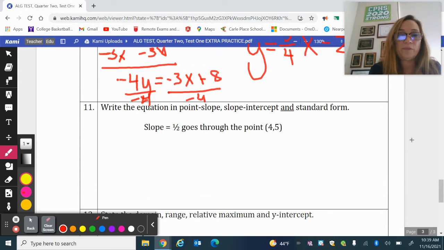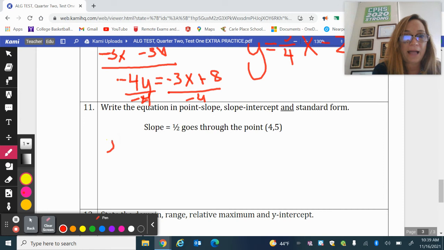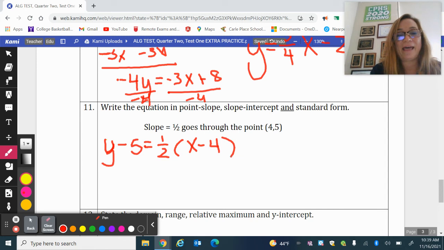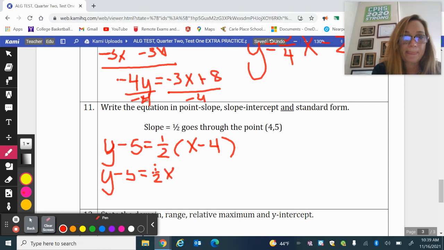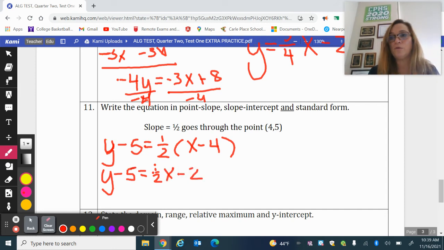Okay, so I'm going to start with point slope. So that's y minus y equals the slope times x minus x. And that's called point slope. I'm going to use the distributive property to remove the parentheses.